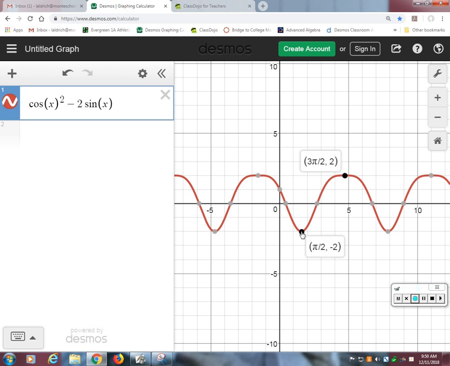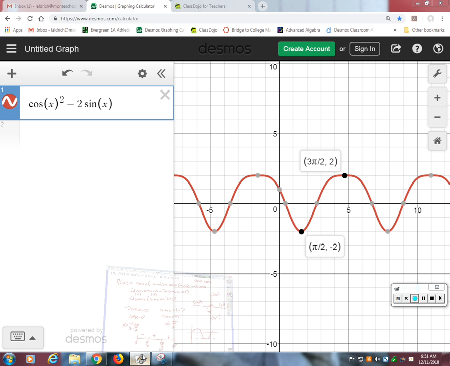I was wondering about that, if that really counts as a double root. Yeah, that's what I have. To square the x, the squared would have to be inside the parentheses.